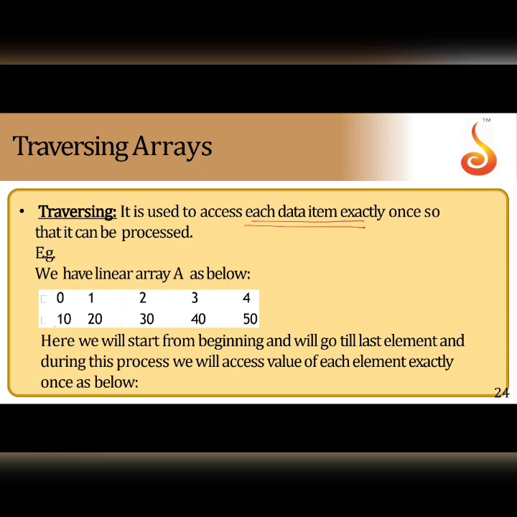So what I have to do is first go to a of 0 and add 10. That is, a of 0 is equal to a of 0 plus 10. Then whatever the value is will get substituted here.